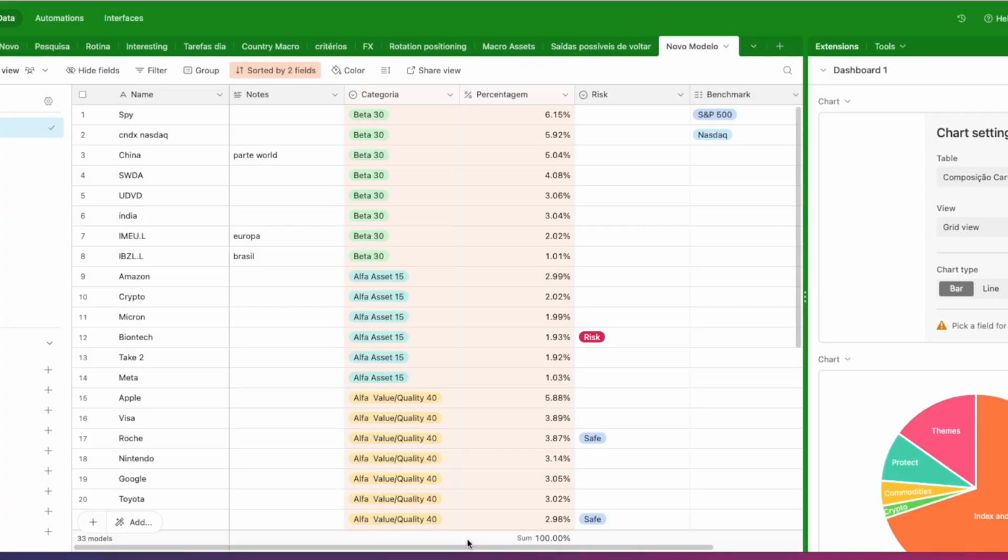I use Airtable as a way of gathering all the information. And I use it when I analyze different companies. I try to always analyze the existing portfolio and always analyze new ideas based on the concepts of the portfolio. And I have a lot of information that I put here.